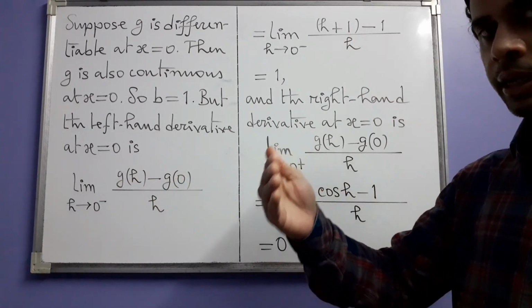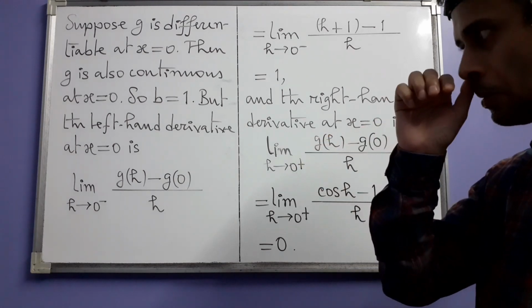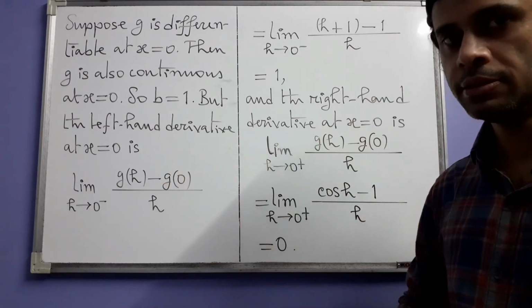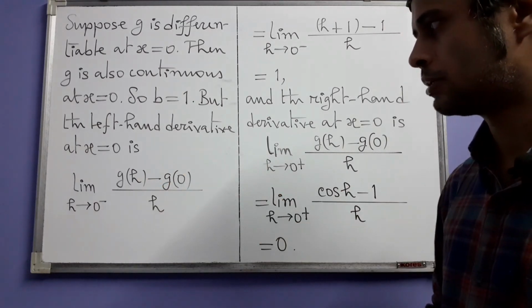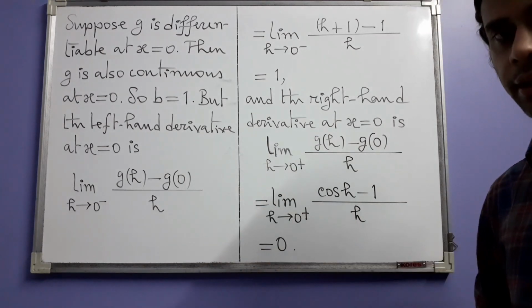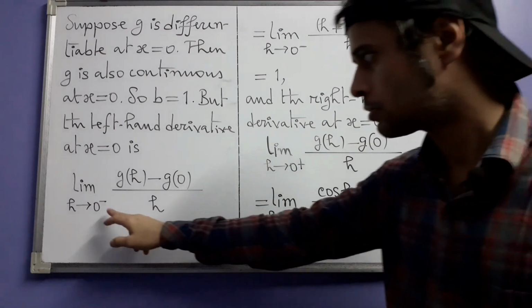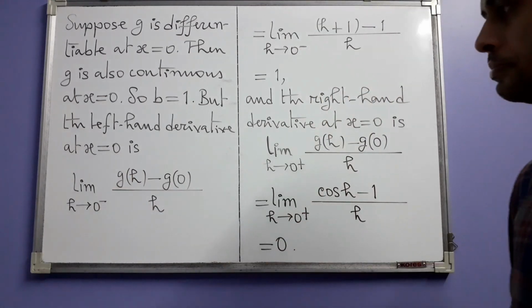In general, you write x plus h if the differentiation is happening at x. But here 0 plus h because the point is 0. So I haven't written 0 here. g of 0 plus h minus g of 0 divided by h, as h approaches 0 from the left side. That's why you see this little minus.